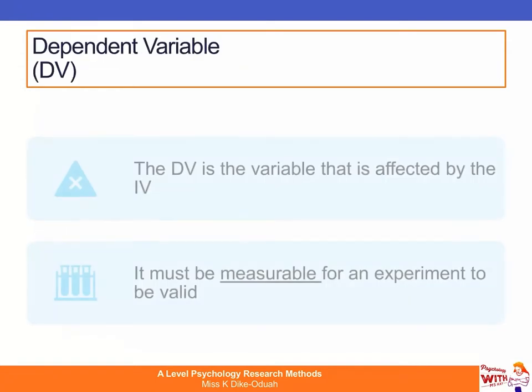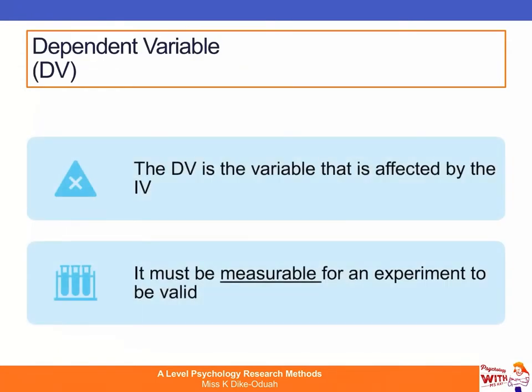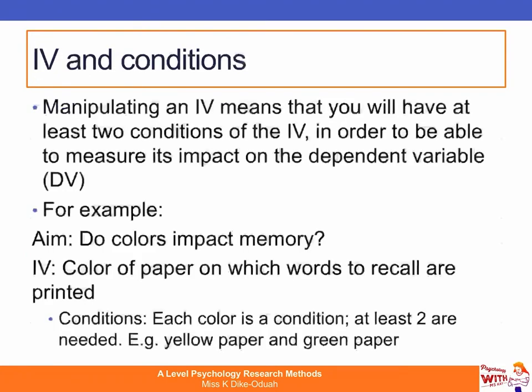For your dependent variable, like I said earlier, the dependent variable is a variable that is affected by the independent variable, and it must be measurable for an experiment to be valid. So if we go back to that last experiment that we just had as an example, this experiment would not be valid if we did not have a measurable dependent variable.